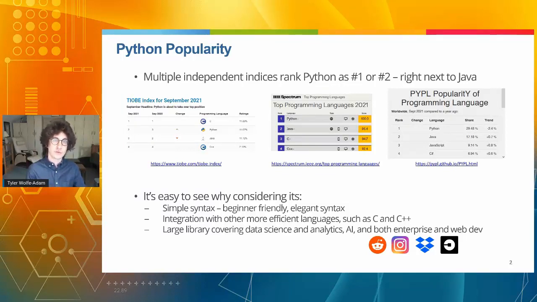And its integration with lower level libraries like C or C++ means that you can take advantage of the speed that comes from having libraries programmed in that language. And then there's also a large library covering everything from data science to AI to enterprise and web development. A multitude of large companies like Reddit, Instagram, Dropbox, and Uber all have their backends in Python.